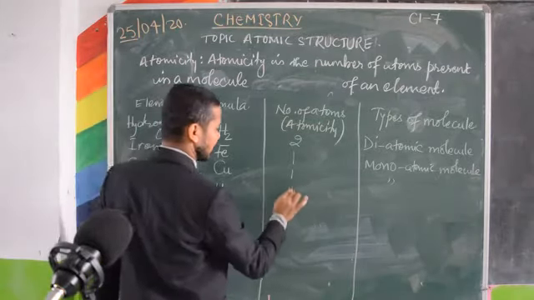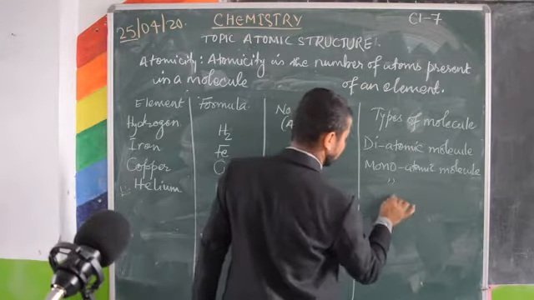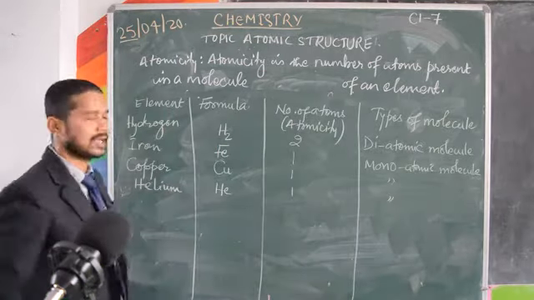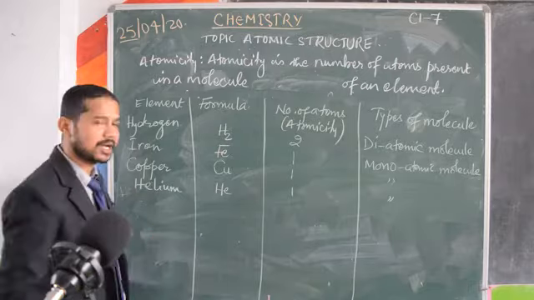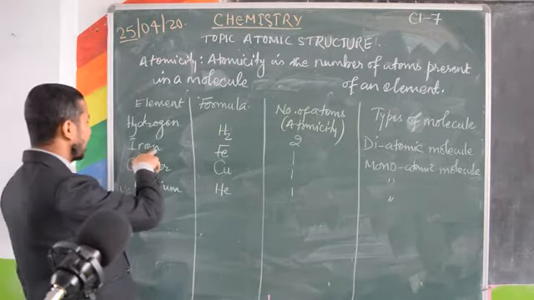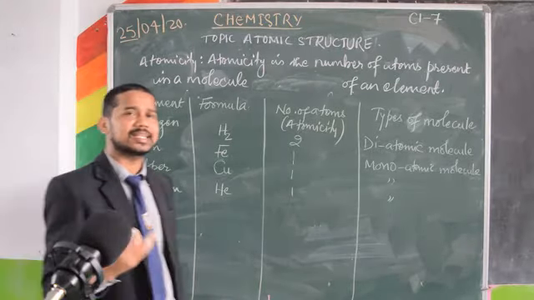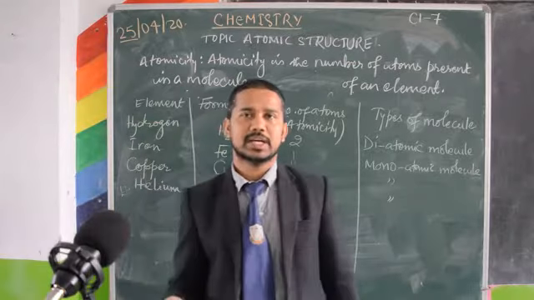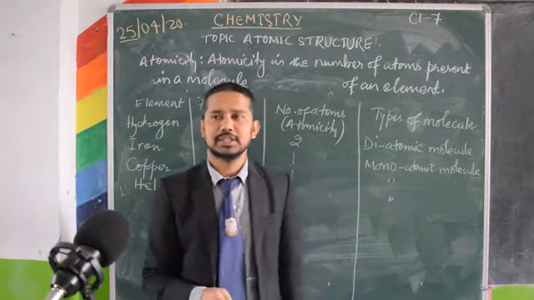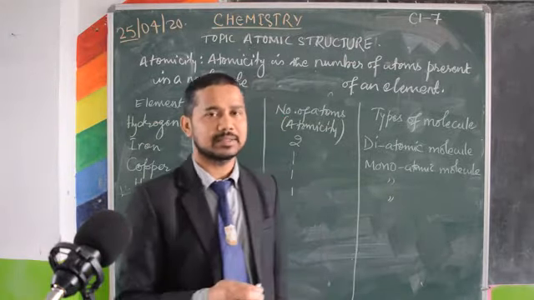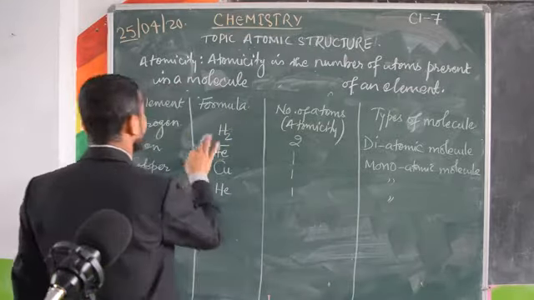Here also one. So this is also monoatomic, and helium is a noble gas. So all noble gases are monoatomic. All metals, iron, copper, zinc, sodium, potassium, calcium, rubidium, magnesium, all these metals are monoatomic.